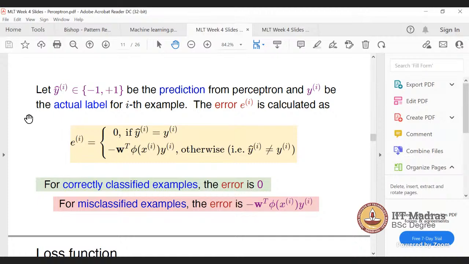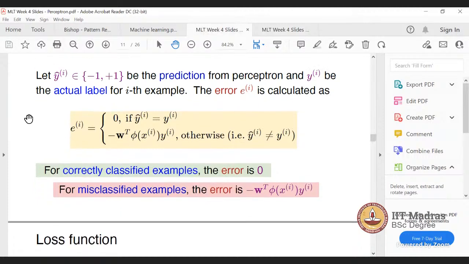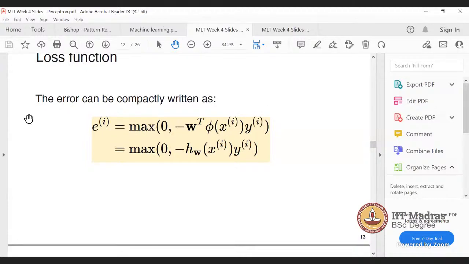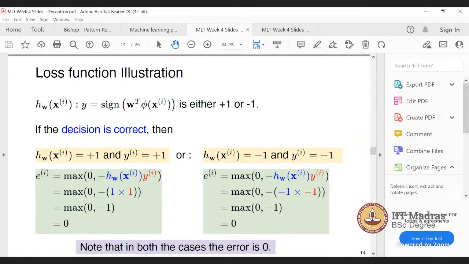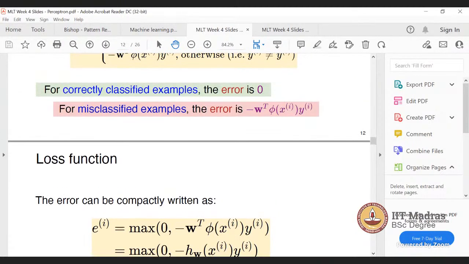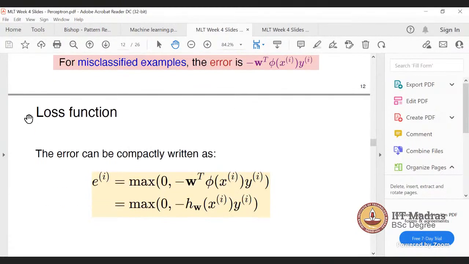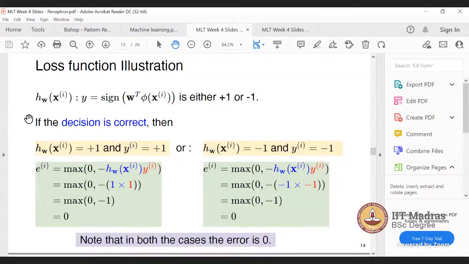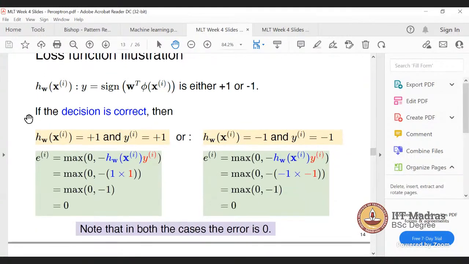Now look at this function, the label is actually +1 or -1. You can write this function as the maximum of 0 and minus the model times y_i. Look at how this actually gives you the error if it is misclassified.